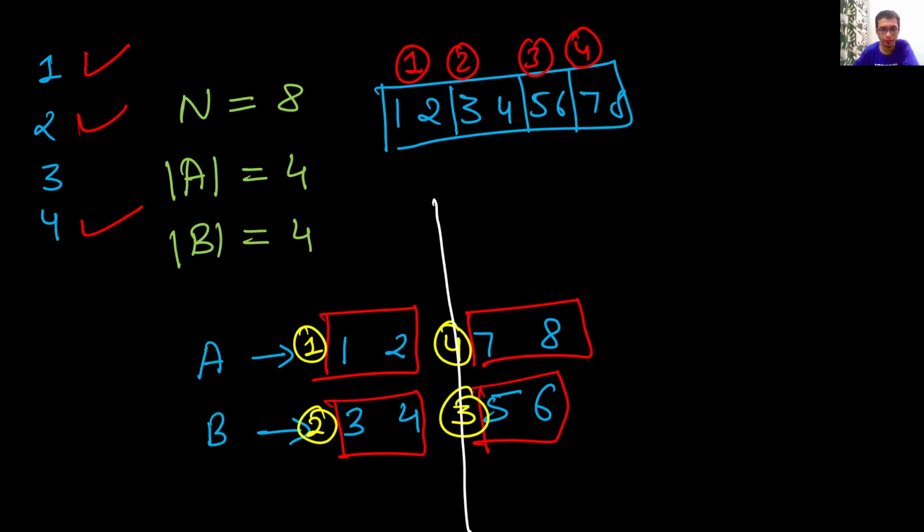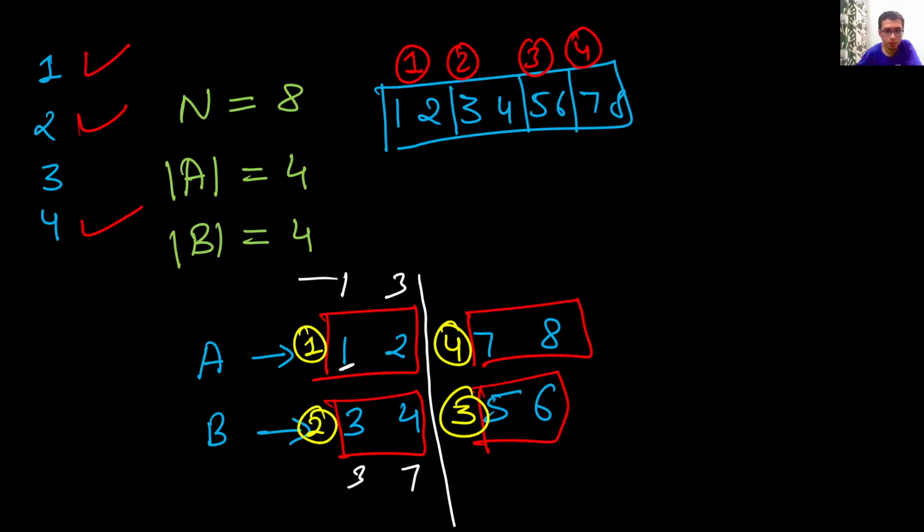Now, in the first half, we can see that the prefix sum of the very first element is 1, and over here it is 3. For the second element it is 3, and over here it is 7. So this difference of prefix sum is 2, and this difference of prefix sum is 4, right?